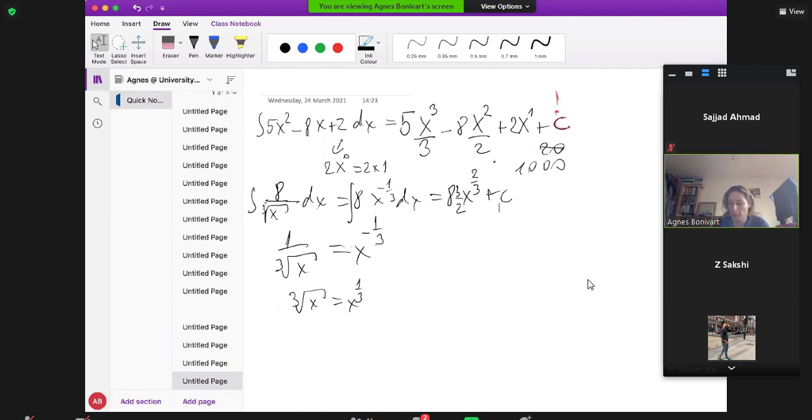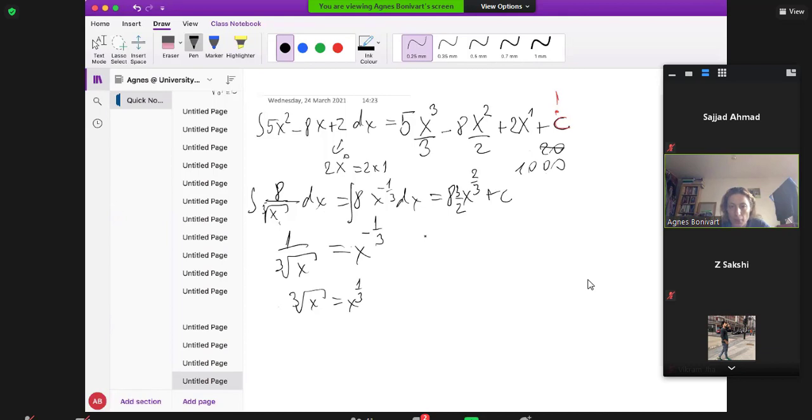So this is very important. This is very important that you know that if you have such a function where you have X in the denominator or some root and you have to differentiate it or integrate it, the first step is you have to rewrite it as some power of X in order to be able to differentiate or integrate it.